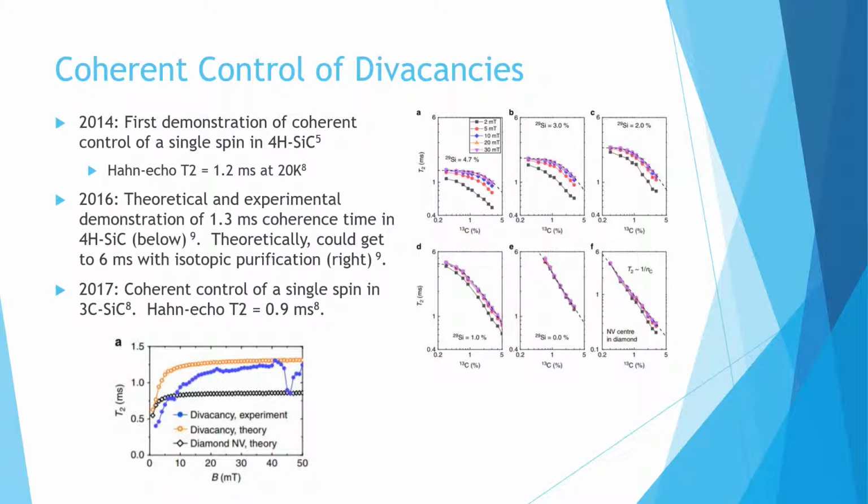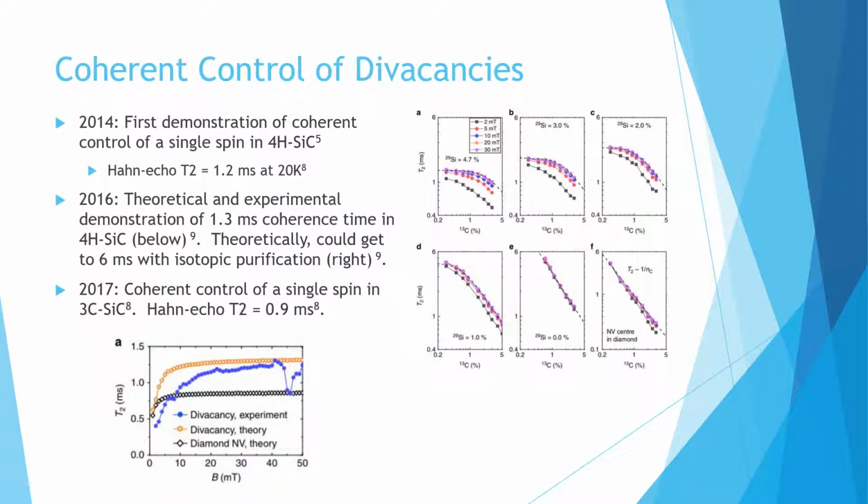So that on the previous page was the first demonstration of coherent control of these spins, and they measured a decoherence time of 1.2 milliseconds, which is competitive. In 2016, there was more theory done on this. People measured 1.3 millisecond coherence time and showed that that's basically as high as you're going to get with a natural sample.